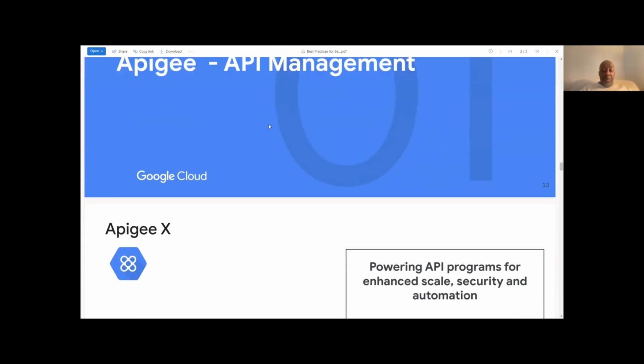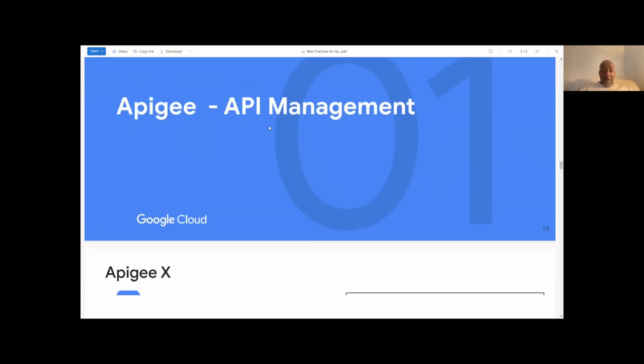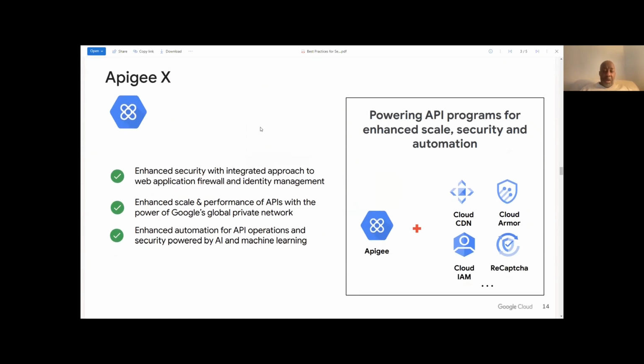If you go up a little bit more, that's fine. You can skip the blue slide. Another capability is Apigee, which is Google's API management solution, and it's partnered with some of these other products I mentioned. Apigee provides you with API management and security.